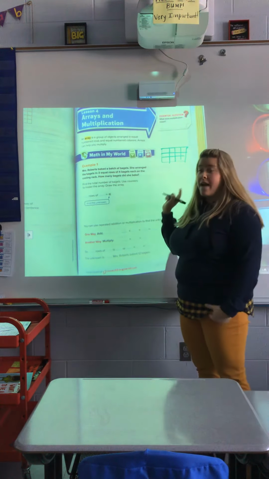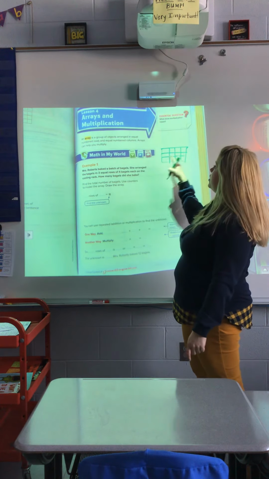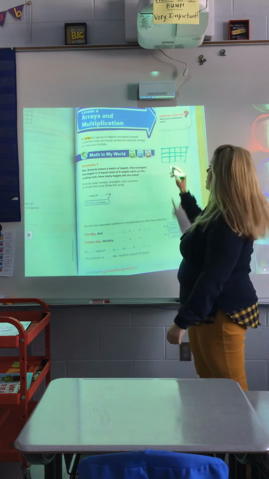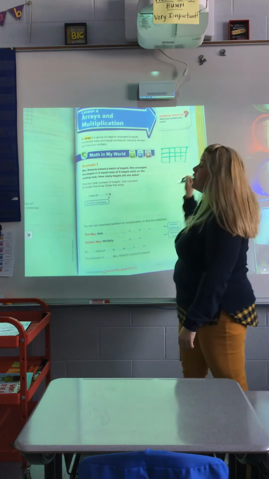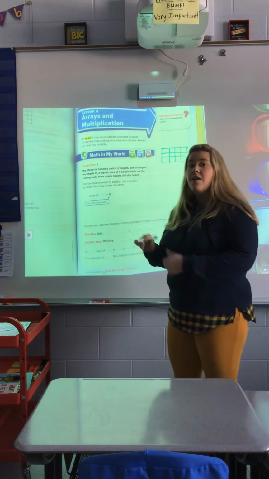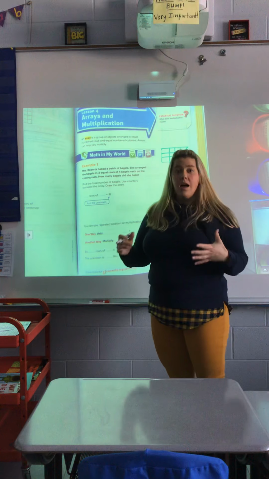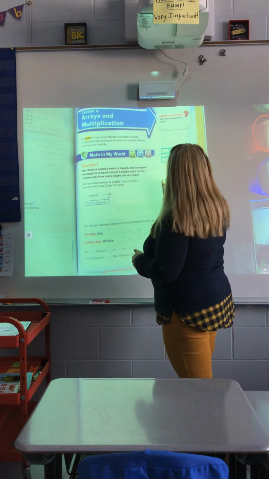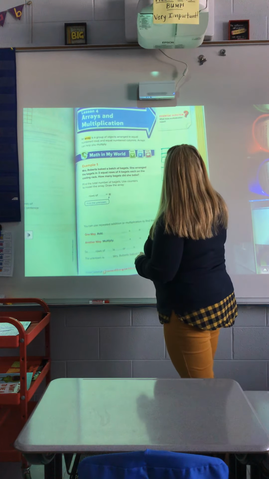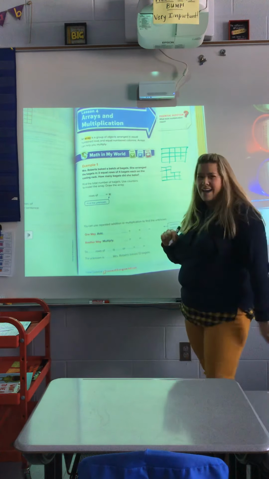This is an array. I have 1, 2, 3 rows, 1, 2, 3, 4 columns, okay? My rows are equal, my columns are equal. What about that? Is that an array?